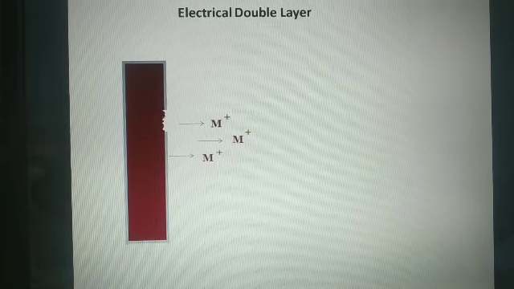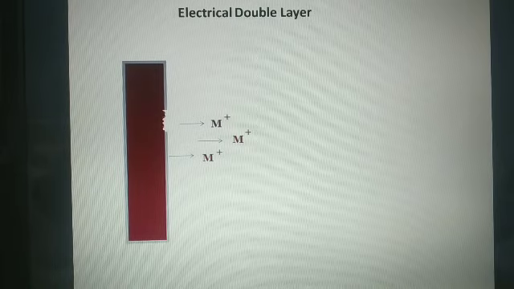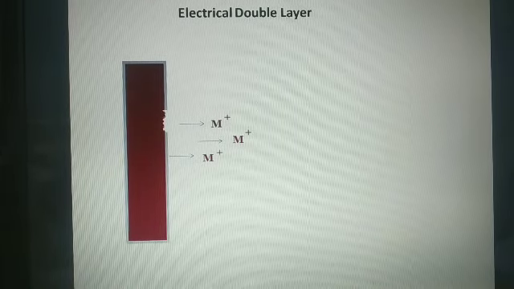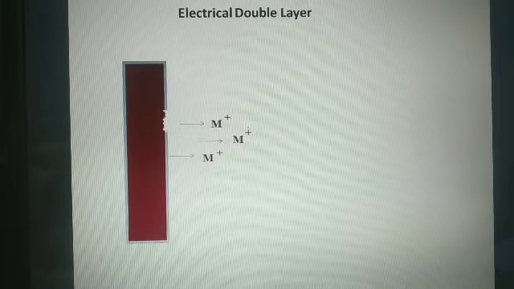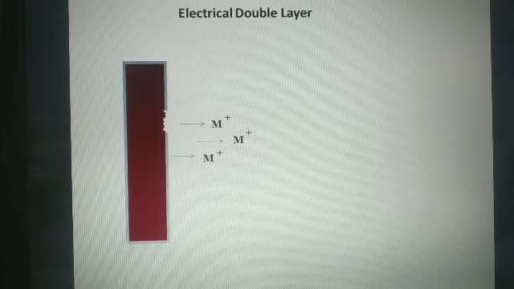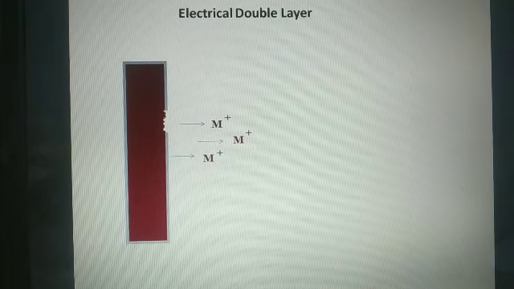So the terms are osmotic pressure and solution pressure. Generally the metal has a tendency to get dissolved in the solvent. So metal loses electrons and M positive ions pass to the solution, electrons are left over the metal.